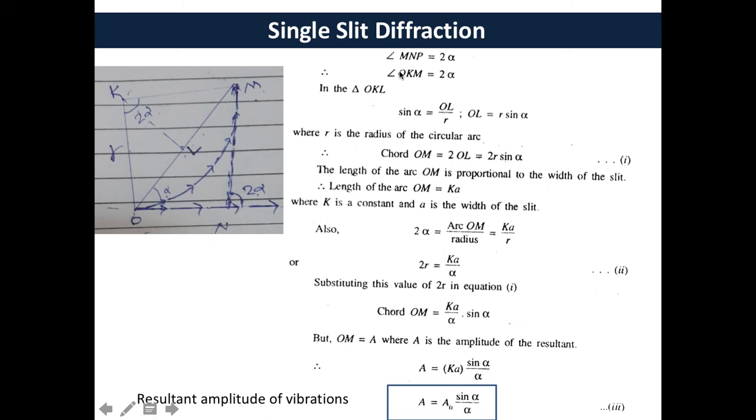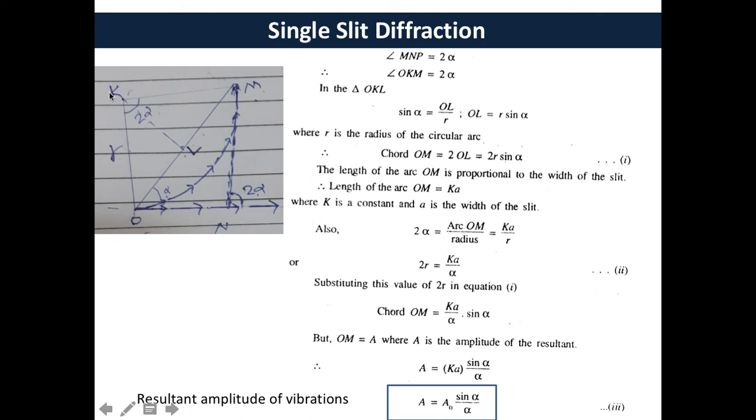So here the angle between M and P is 2 alpha. Therefore the angle OKM is also 2 alpha.